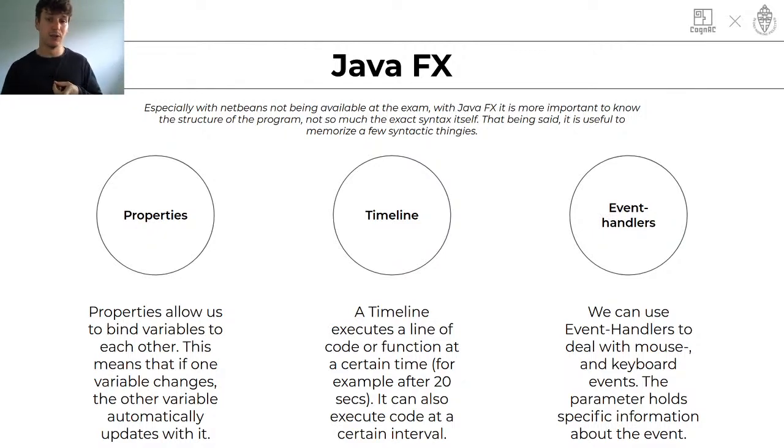The timeline, which basically is a piece of code or a function that executes another piece of code at a certain interval. For example, we used it at the snake to make sure that the snake moves every, I think it was like 200 milliseconds. Lastly, event handlers, essentially saying what happens if you click the mouse or press a keyboard button.